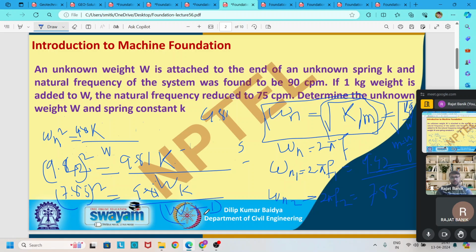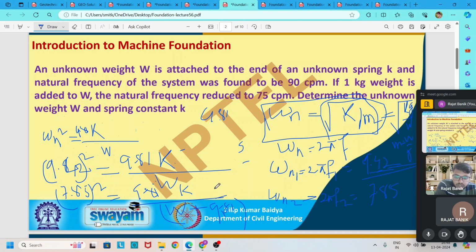which is multiplied by 9.81, because 1 kg is 9.81 Newton of weight. So it is w plus 9.81.